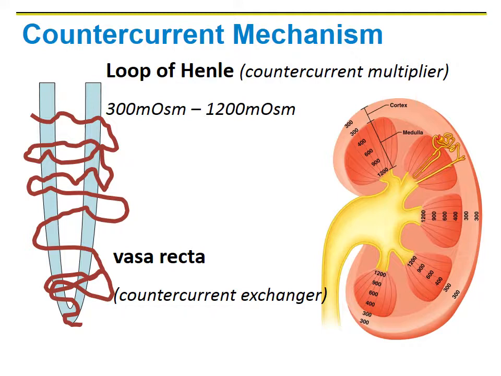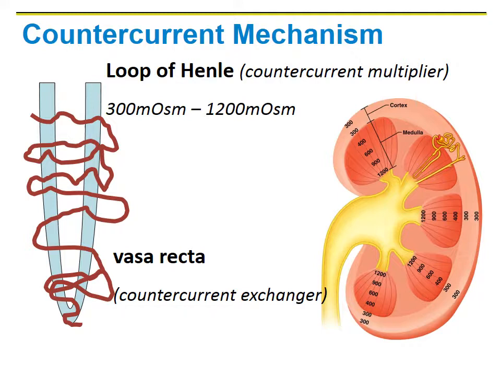Now contemplate this. One side of the loop of Henle is going to make the gradient by pumping those salts. The other side of the loop of Henle is going to use the gradient by allowing water to move by osmosis.